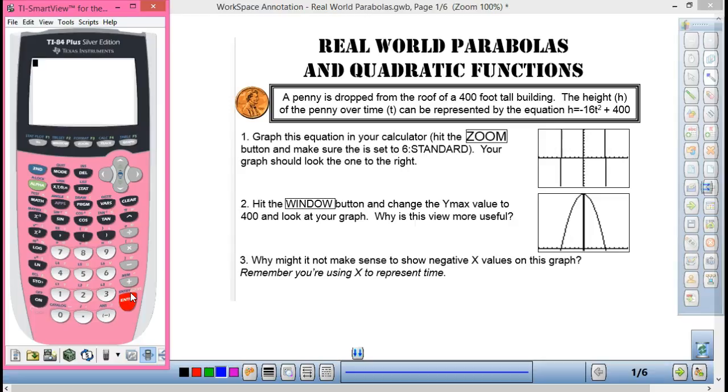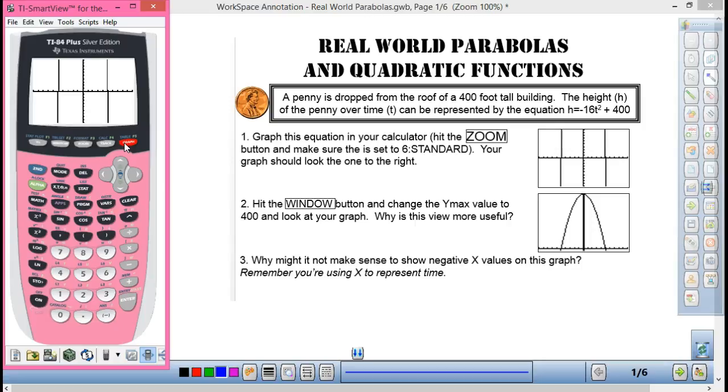We got the y equals. What are your y equals? Okay, and we're going to plug that in. We're going to pretend that t is an x. So negative 16x squared plus 400. Okay, and then we're going to hit graph.